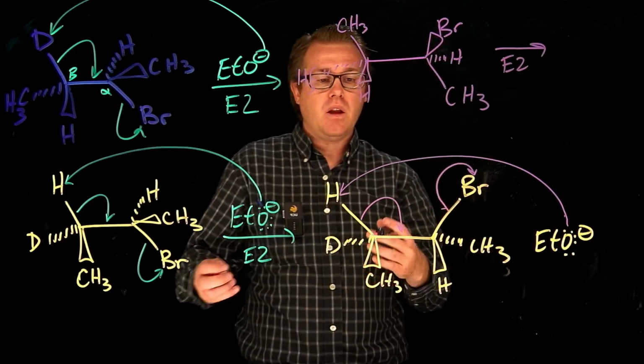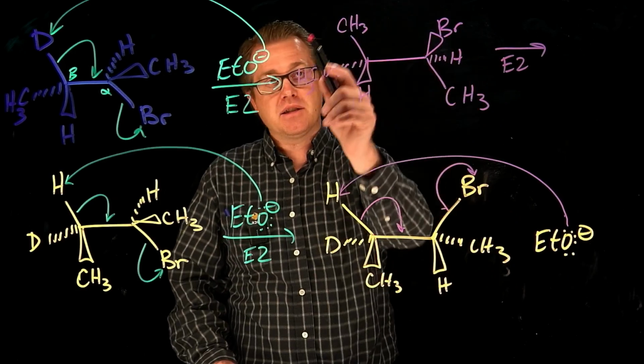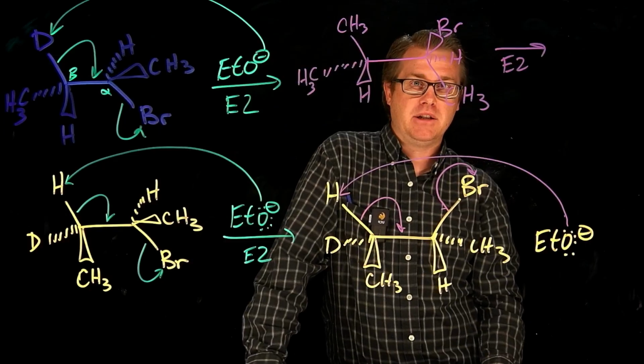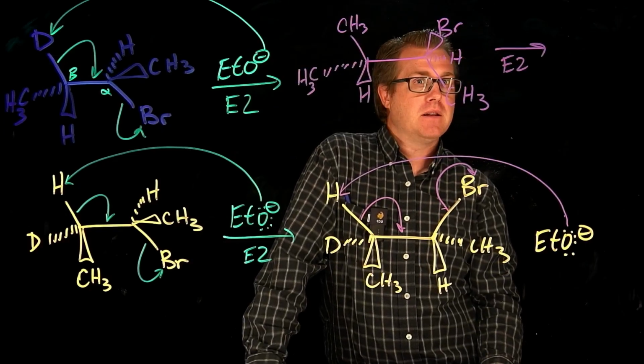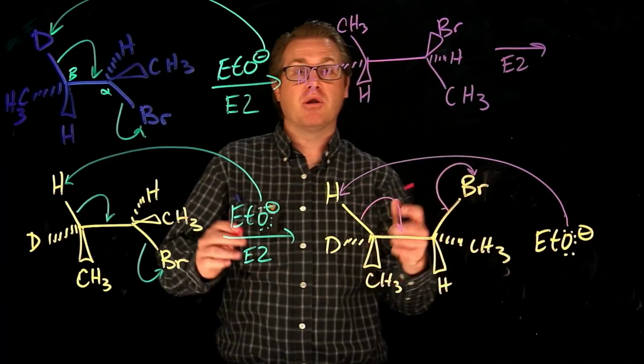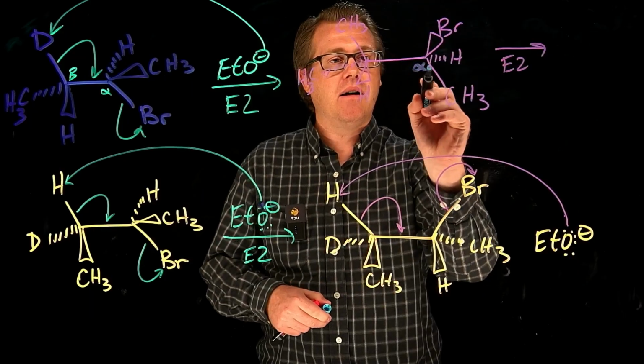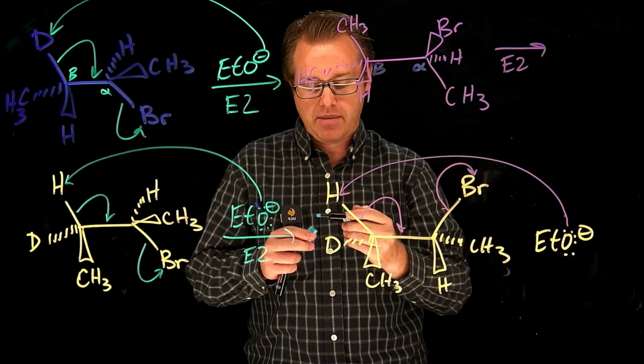So what you have to do is to get this molecule right there in the proper orientation. Okay? So that requires us to do some rotating around the alpha-beta bond. So there's our alpha, there's our beta.